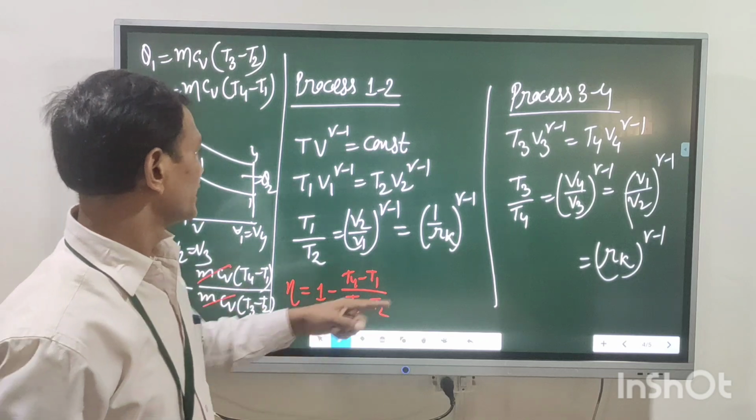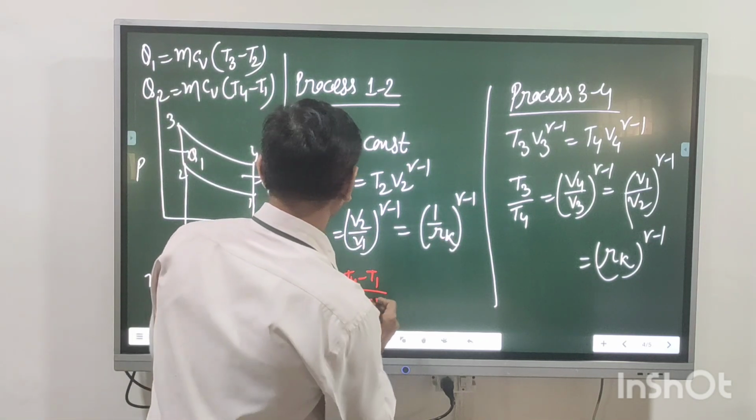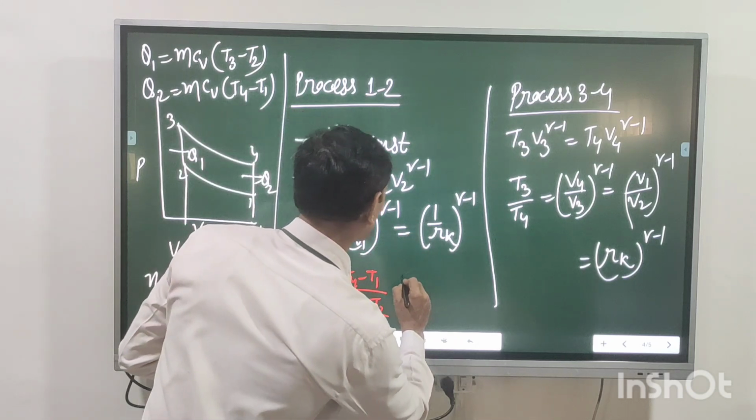Here T1 by T2 is equal to 1 by RK^(gamma minus 1).